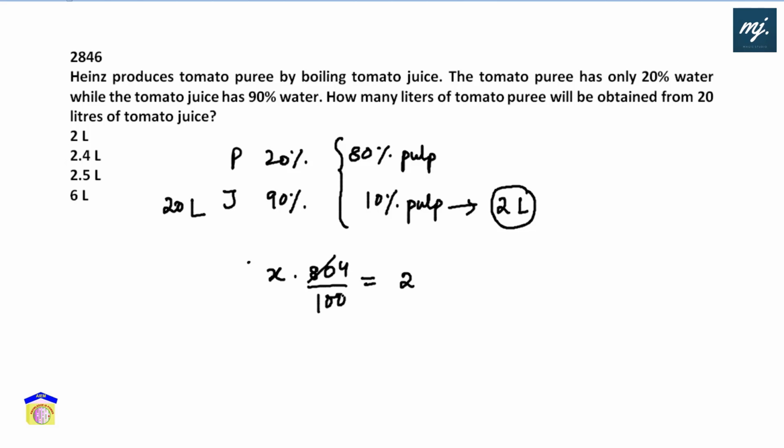That's 4 by 5 of X equals 2, so X is 10 by 4, which is 2.5 liters. We compare pulp with pulp percentage-wise, and this sum becomes really easy to solve. 2.5 liters of tomato puree you will get from 20 liters of tomato juice. Option C is the answer.